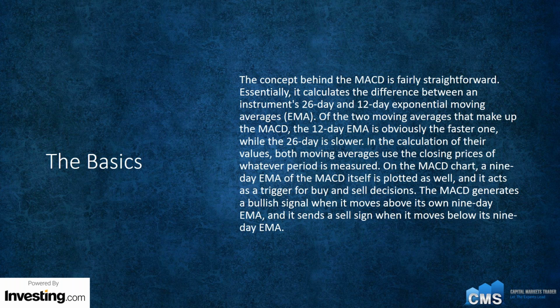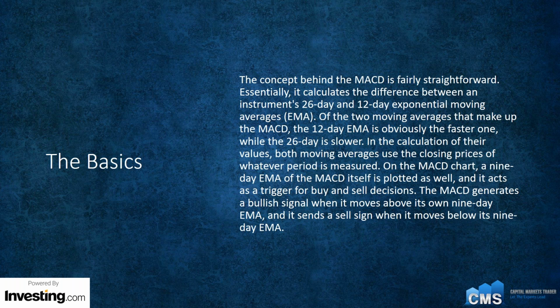Where the 12-period moving average is only divided over the last 12 periods, so it is considered what we call a faster moving average. It reacts faster to changes in the current market situation. A 26-period moving average reacts a little bit slower. So we refer to these as the slower and the faster moving averages. That's it. Nothing very complicated here.